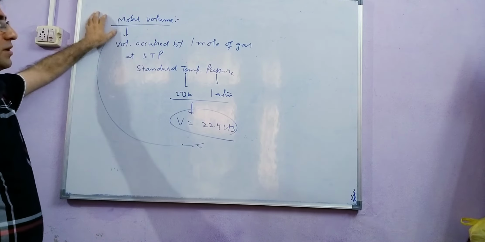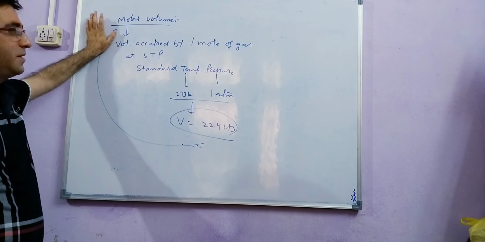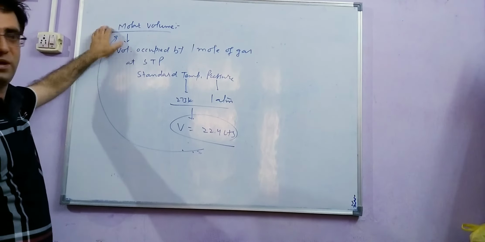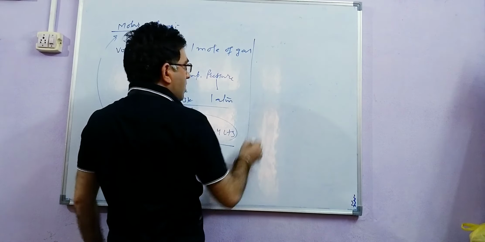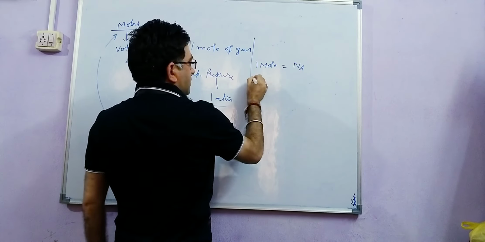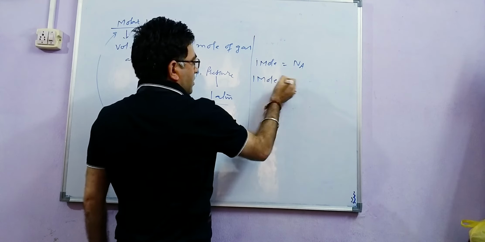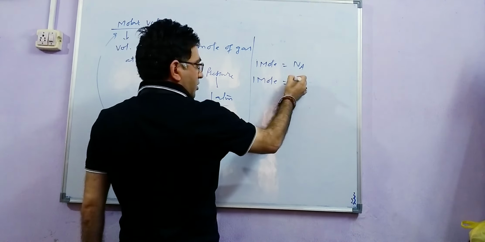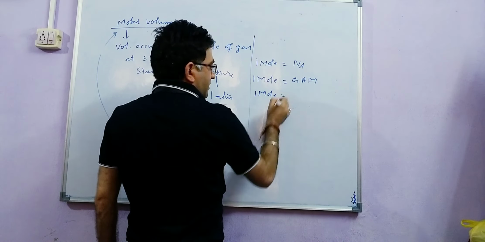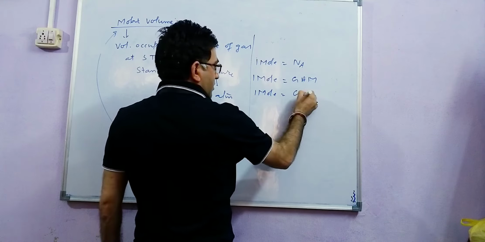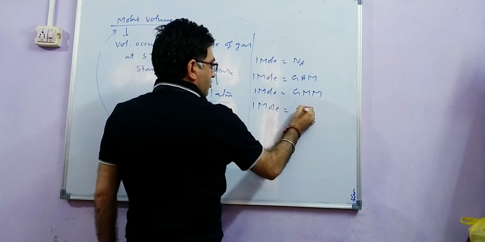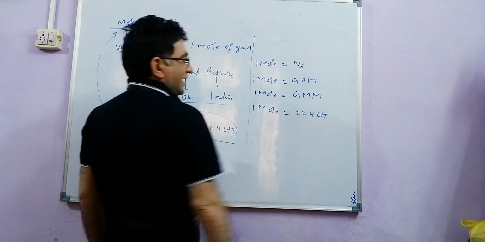Now we are going to relate all these values, that is molar volume, molar mass, and value of mole. As we know, 1 mole equal to Avogadro's number. 1 mole, if the substance is atomic, equal to gram atomic mass. 1 mole, if the substance is molecular, is gram molecular mass. And if you are talking of volume of gas, it is 22.4 liters at STP.